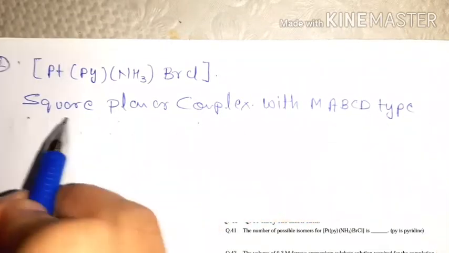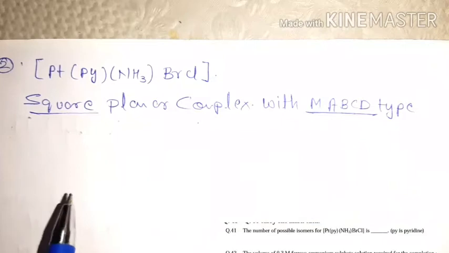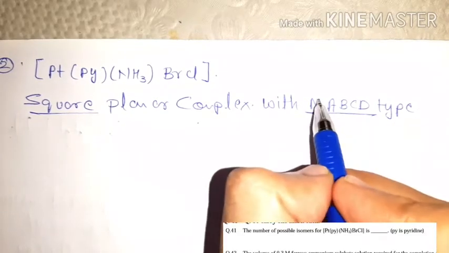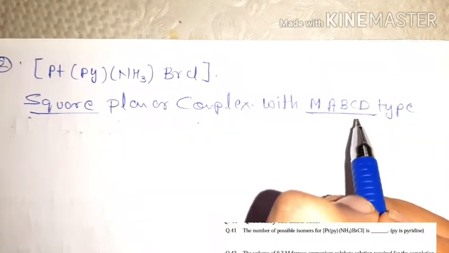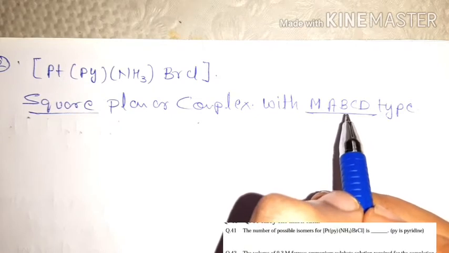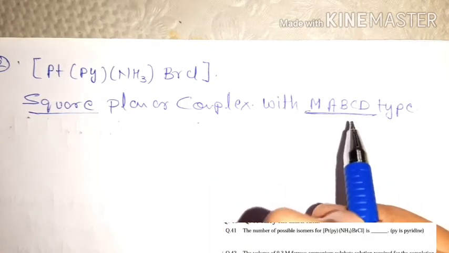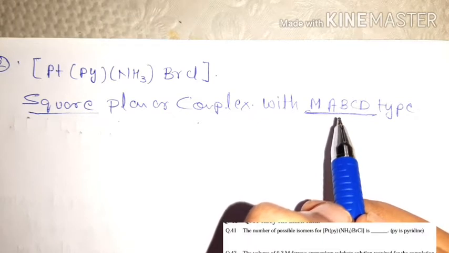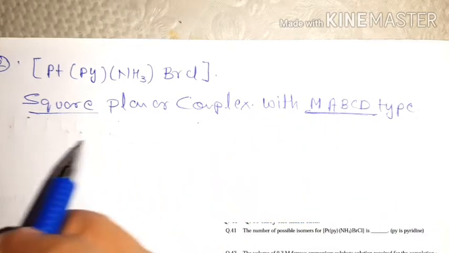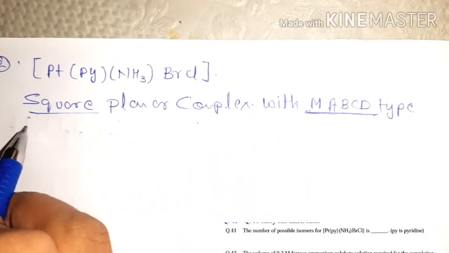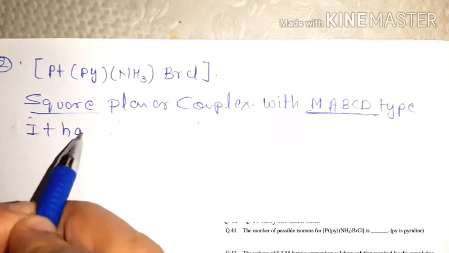MABCD type means a metal can bind with four different ligands. And you know very well that in this type of complex we have three geometrical isomers. So this compound has three geometrical isomers.